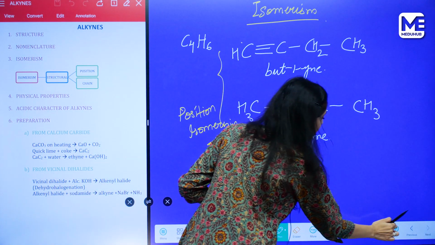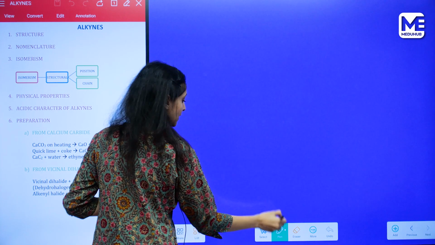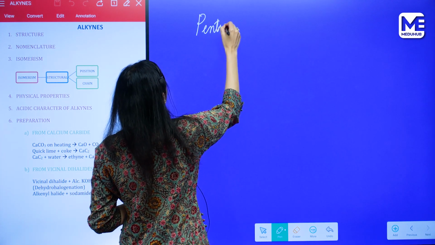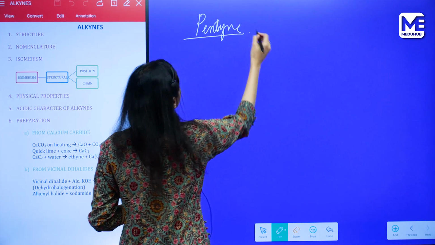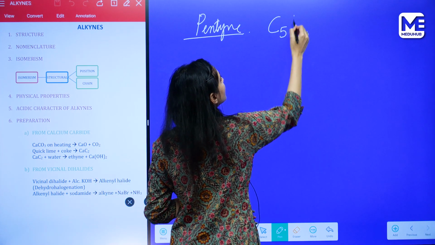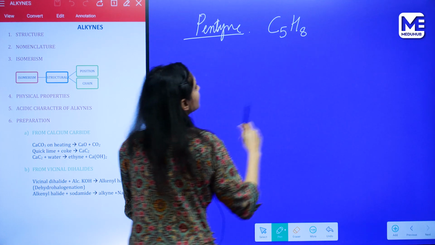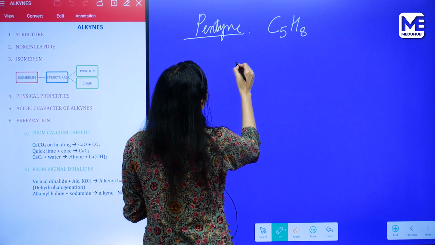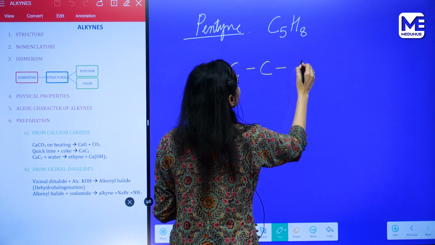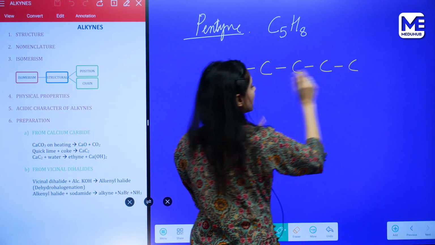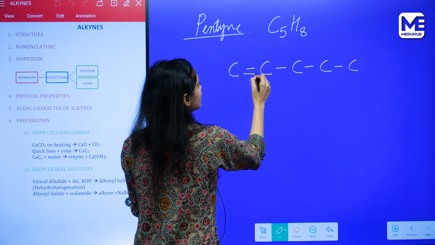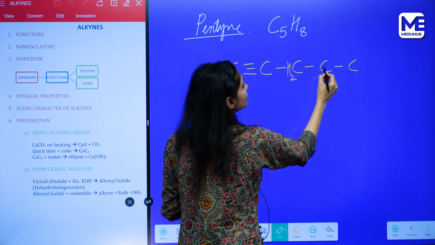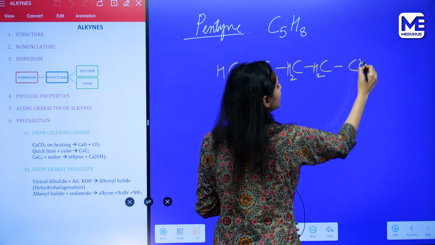If we take another example of, say, pentyne. Pentyne will be C5H8. So we can draw three structures for pentyne. 1, 2, 3, 4, 5 carbons here. First, the triple bond is here. CH, CH2, CH2, CH3.